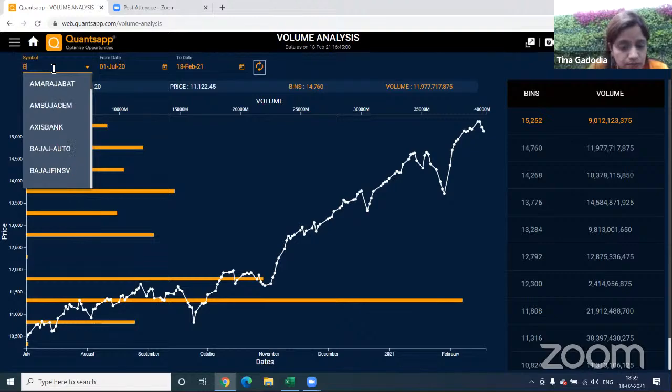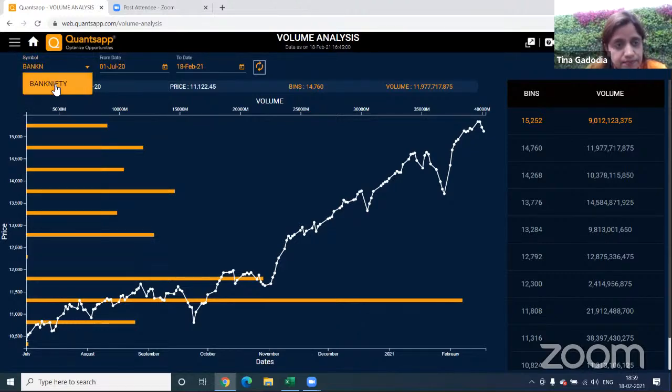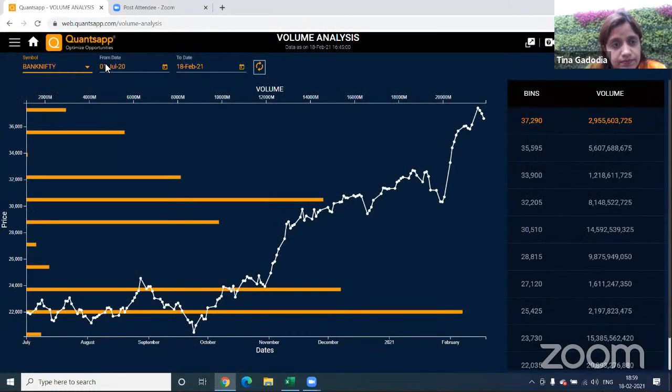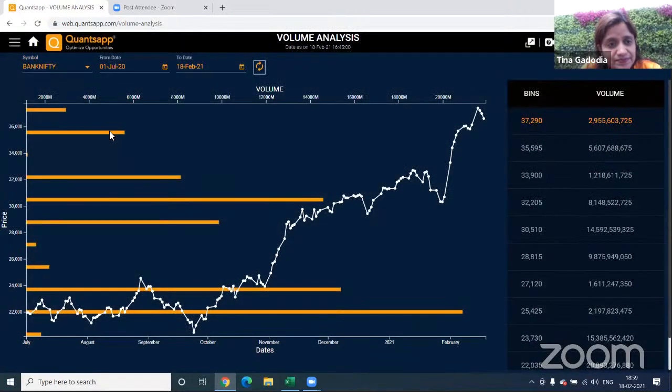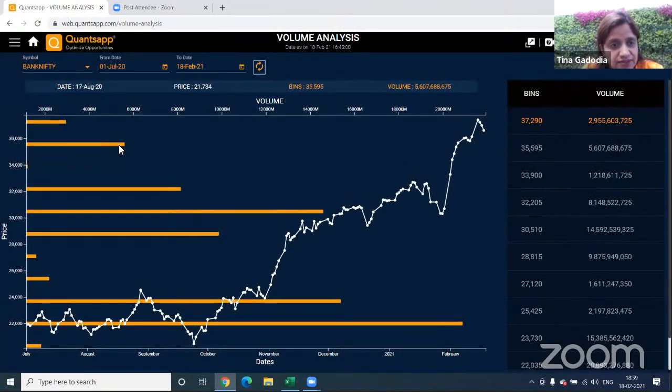Now, if I have to do Bank Nifty, okay. So now if I do Bank Nifty, from July we see that the important support point is 30,500, which is quite far off.